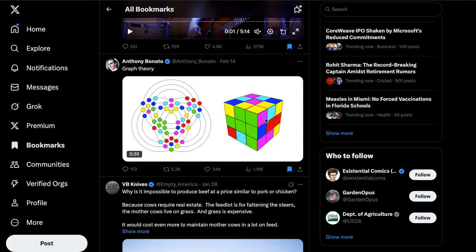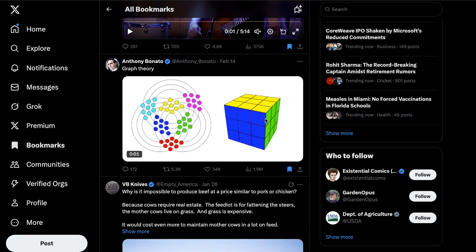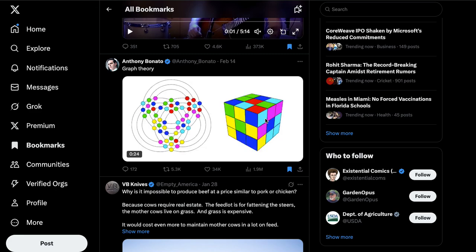Maybe your strategy at this is just to turn it randomly and hope that one day all the colors match up. Now, if you do that, it's going to take a very, very long time to get the thing solved. Okay? You might not even be able to guarantee that you'll finish it in your lifetime. Does that make it impossible? Some would say that it does.